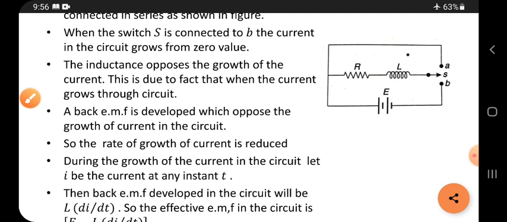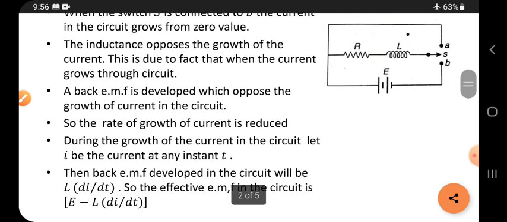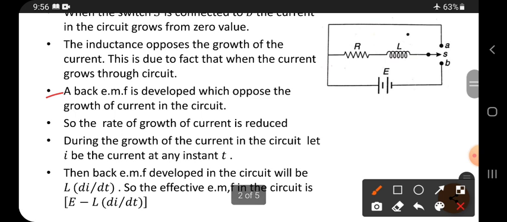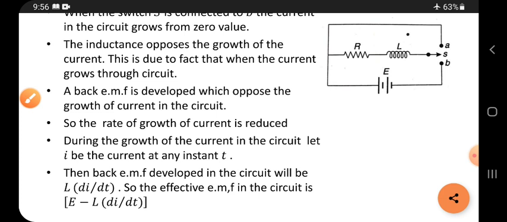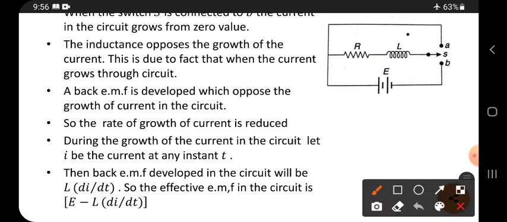That is what we call back EMF. A back EMF is developed which opposes the growth of current in the circuit. Here L can oppose, R cannot oppose. L can oppose means it can stop the growing of current through the circuit. That is why the EMF of the inductance is called back EMF.